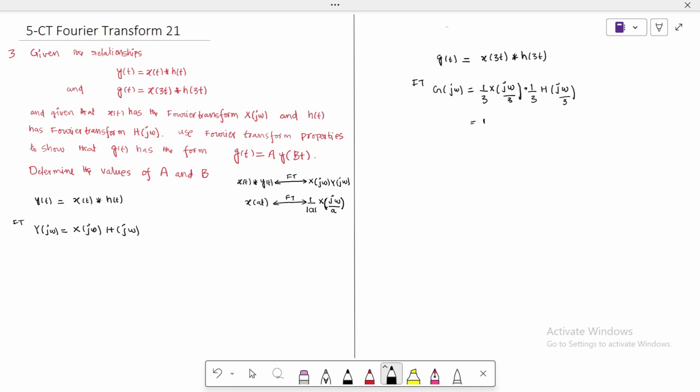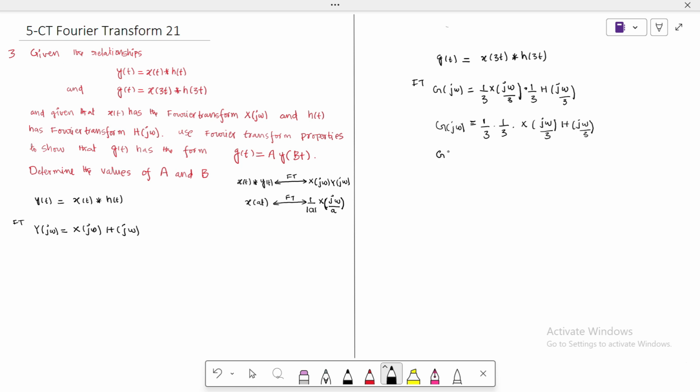Now, for the simplification, 1 by 3 into 1 by 3 into X of j omega by 3 into H of j omega by 3. So this is a function of the frequency. Here, in a small modification, I am replacing omega by 3 omega. Every omega must be replaced by 3 omega, because this is a function of omega.